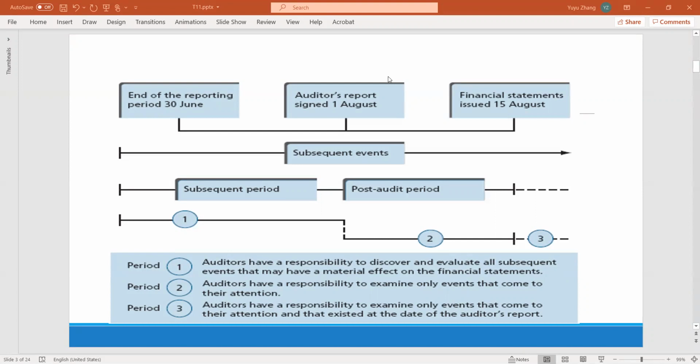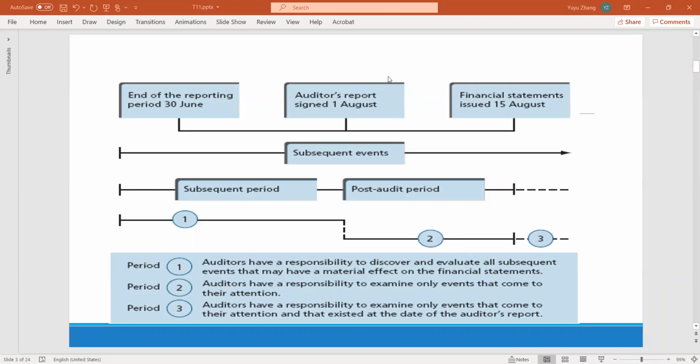So in period 3, if the auditors notice they have missed any important subsequent event information and haven't properly reported on it, and now want to revise and correct it to provide more accurate information to the shareholders, then auditors would only examine events that are very, very important and that come to their attention.